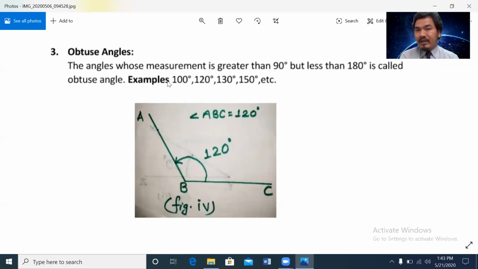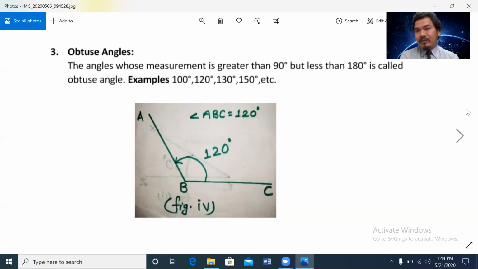Examples given are 100 degree, 120 degree, 130 degree, 150 degree, etc. These angles are greater than 90 degree but less than 180 degree, that's why they are known as obtuse angles. Here is one figure of an obtuse angle, angle ABC. You can also call it CBA, or angle B only, and its measurement is exactly 120 degree, which is greater than 90 but less than 180. That's why it is an obtuse angle.